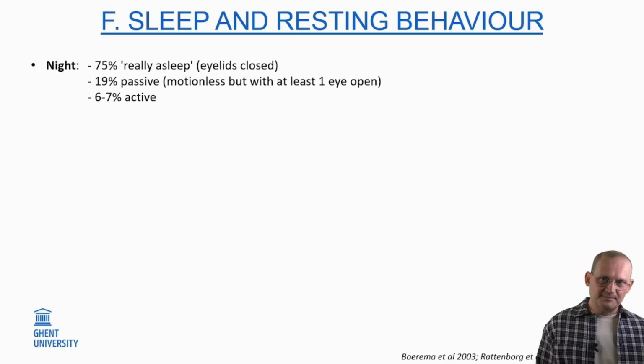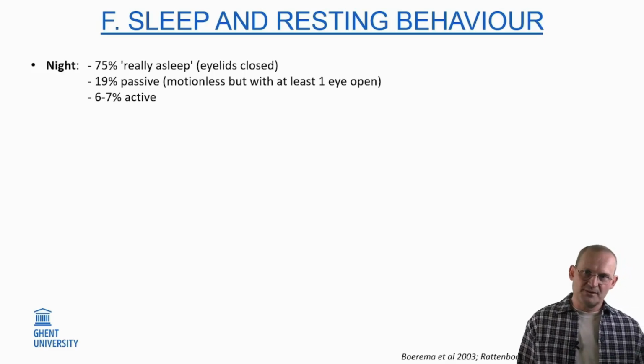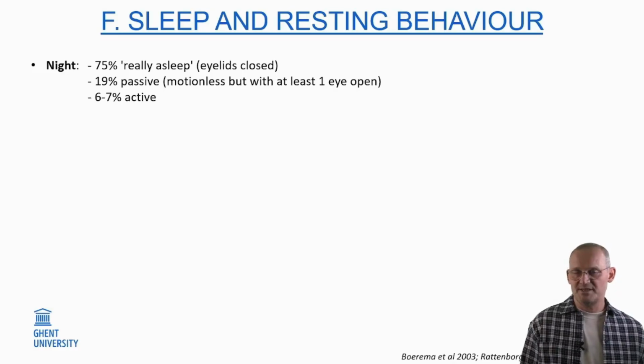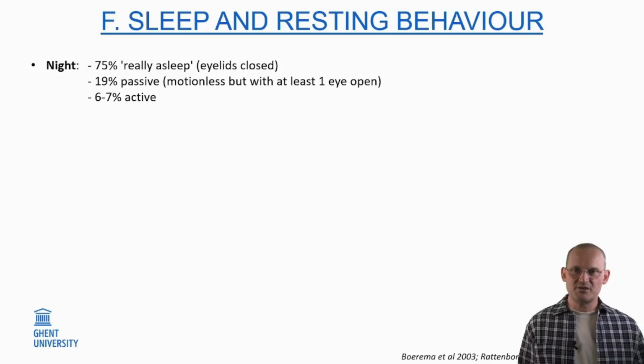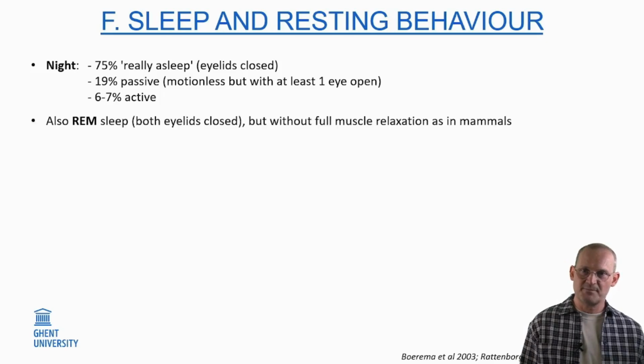At nighttime, the majority, about two-thirds of the time, is spent with actual sleep, in which the eyelids are closed. About 19% is called passive, when the animals are motionless but with at least one eye open, and 6 or 7% of the time the animals are active.